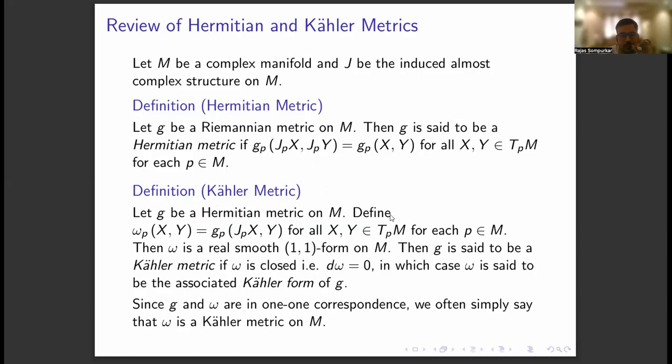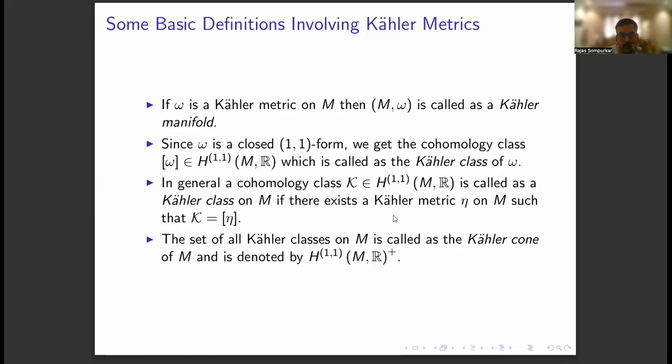Okay, I will now be giving the formulas of the Riemann curvature tensor and then the Ricci curvature form as well as the scalar curvature. So first we'll just see some terms which are used in Kähler geometry.